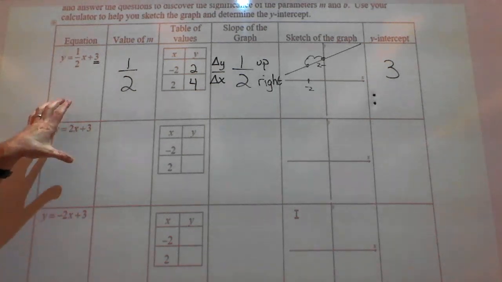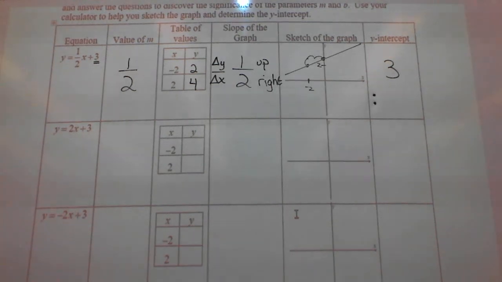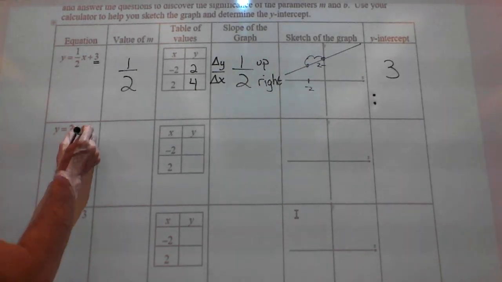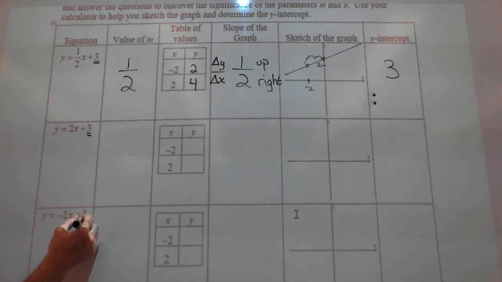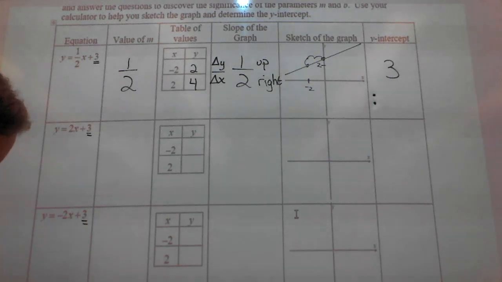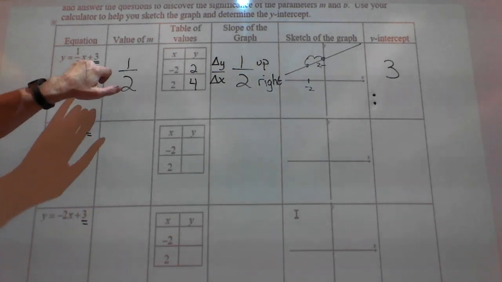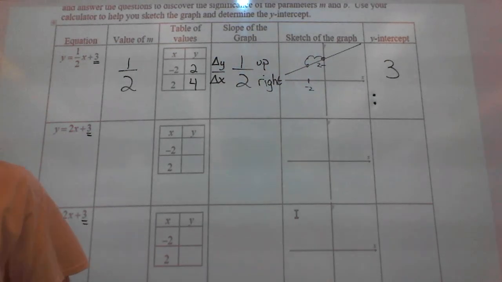Now, let's just take a quick look at the rest of these equations. The similarity with every equation here is they all have a y-intercept of 3. Well, what does that mean?